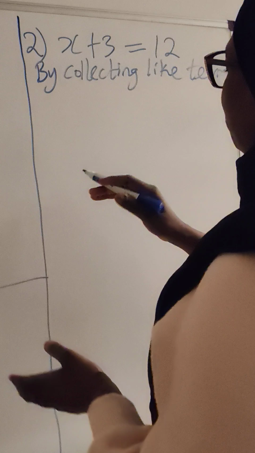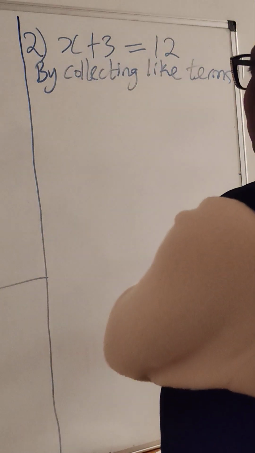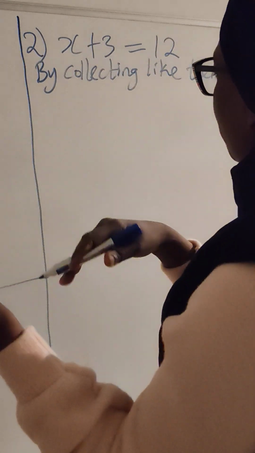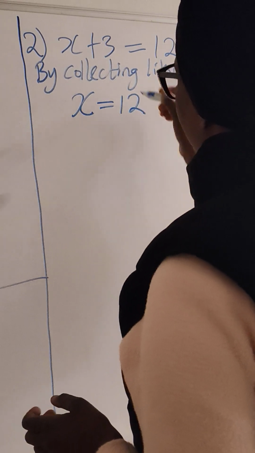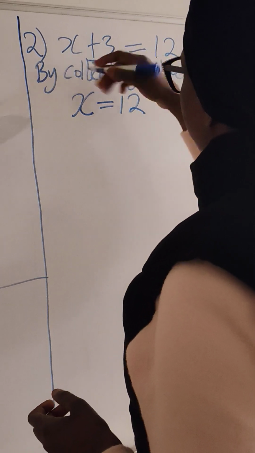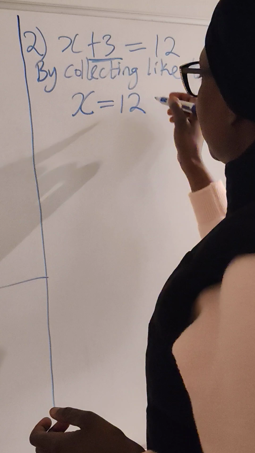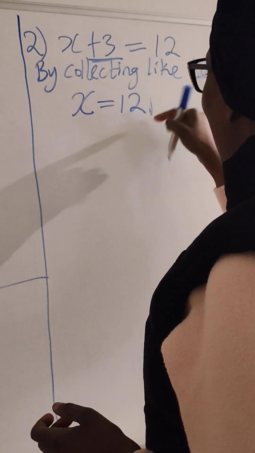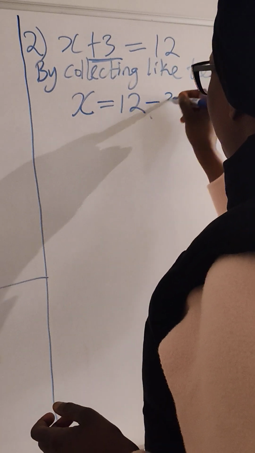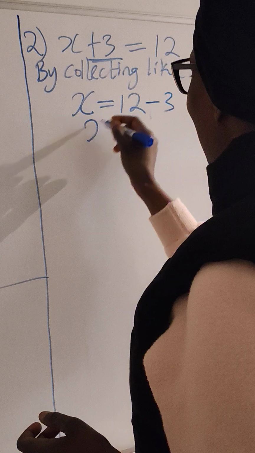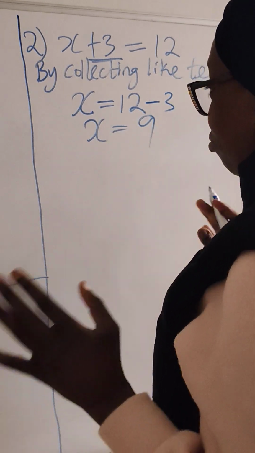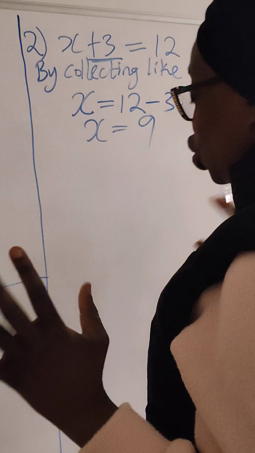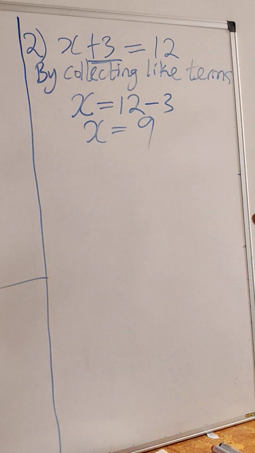When you collect like terms, you are bringing numbers to one side and letters to the other side. So we have x here, equals 12. This plus 3 moving to the other side changes to minus 3. So we have x equal to 9. Very simple, straightforward, short.